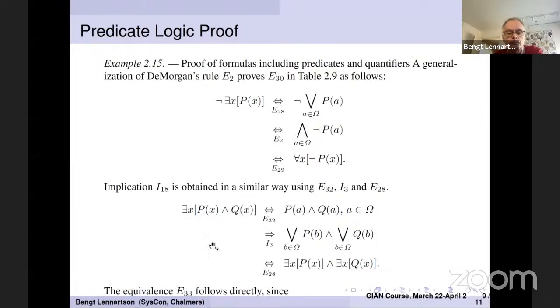So will it leave any impact if I use different variables in the quantification? Like, say, instead of using there exists X, this could have been there exists X and then there exists Y, P of X and Q of Y. Aha, okay, if you would like to have a mix of variables.